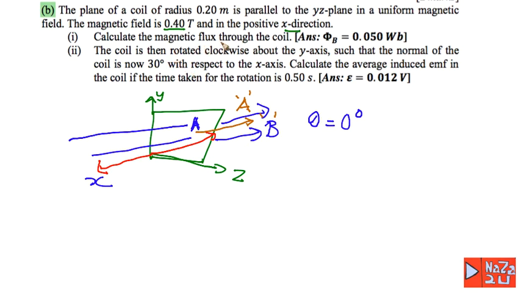Number one: what is the magnetic flux through the coil? Magnetic flux is given by the equation flux = BA cos theta.